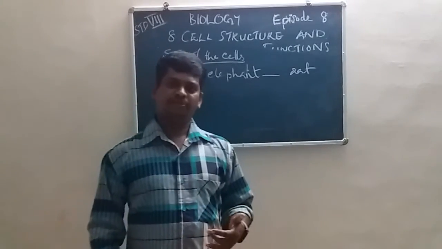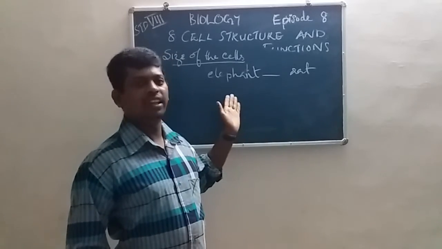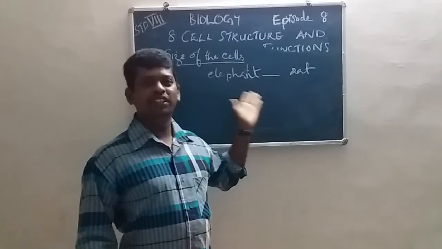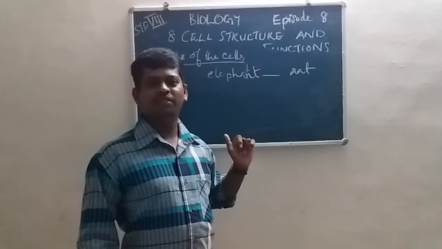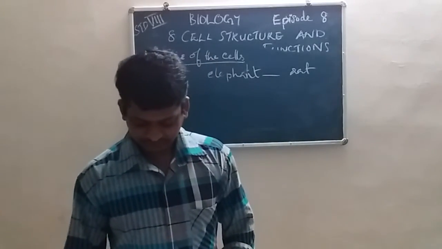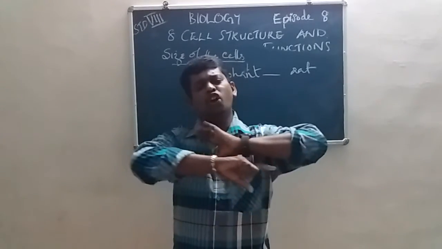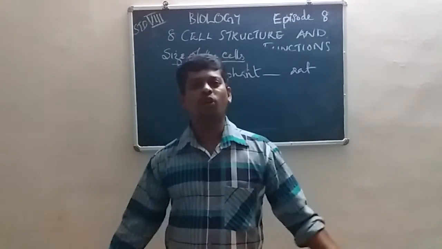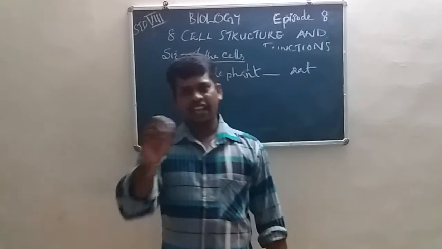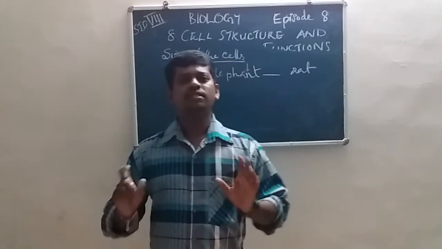Can you guess which is the largest cell in the elephant or the rat? Which is the largest cell present in the body? The size of the cell has no relation with the size of the organism.